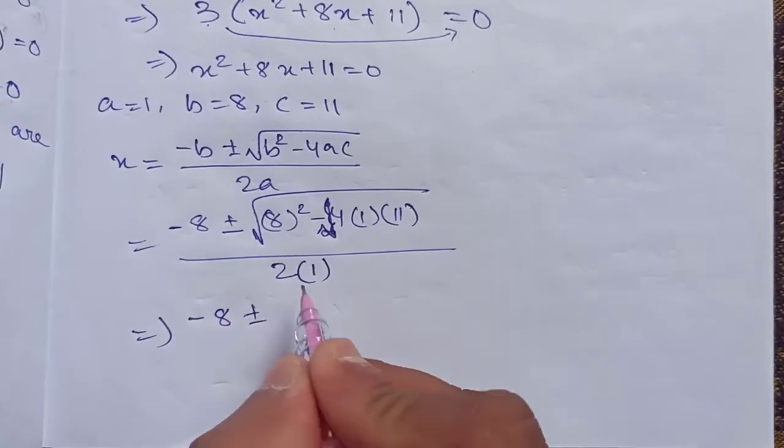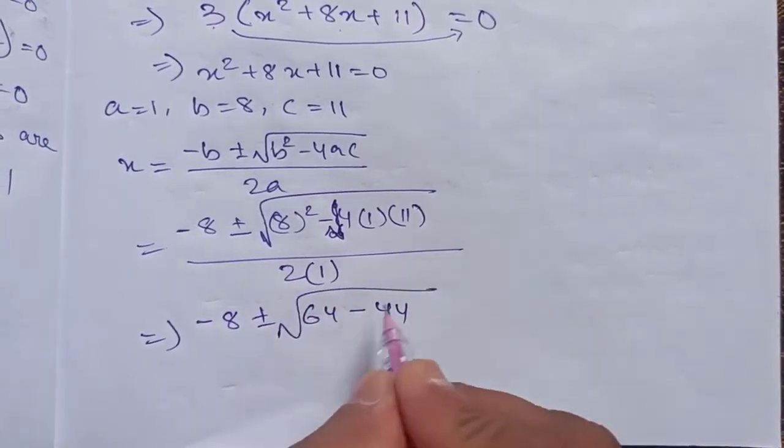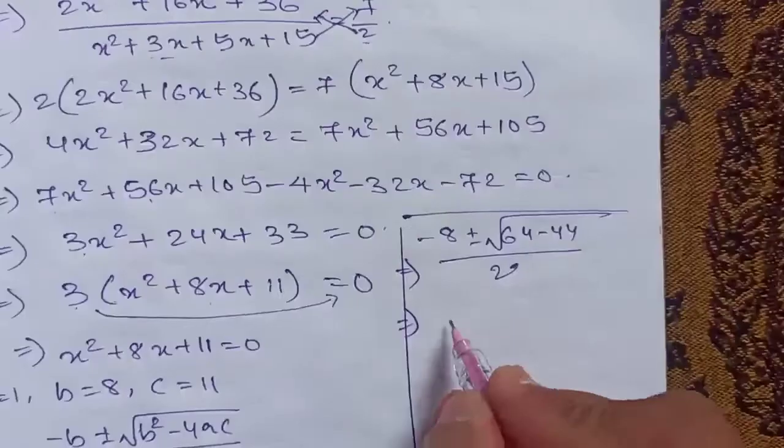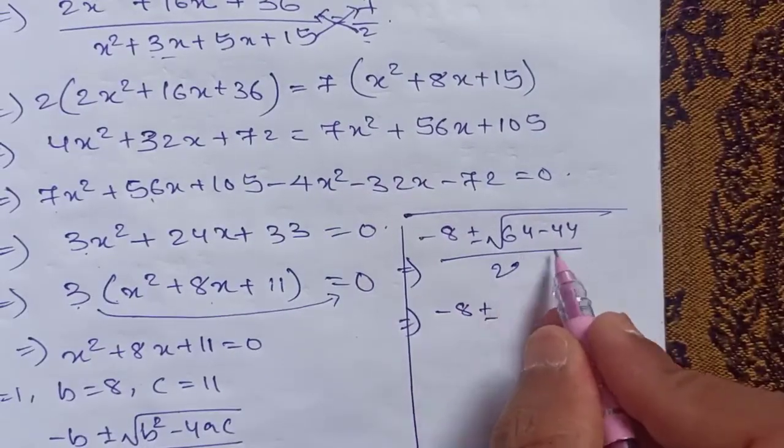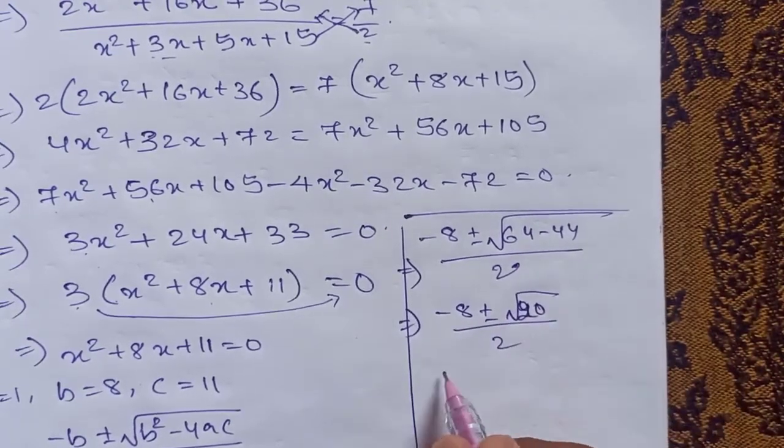Minus 8 plus or minus 8 square is 64 minus 4 elevens are 44, divided by 2 ones are 2. Now minus 8 plus or minus 64 minus 44 is 20, root 20, divided by 2.